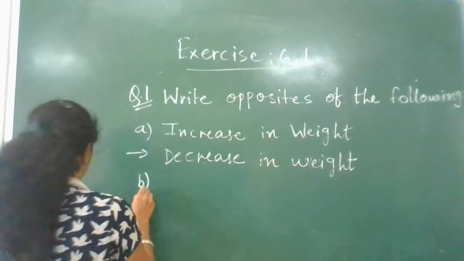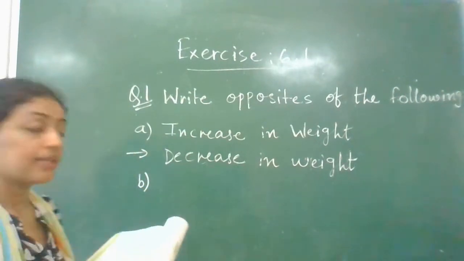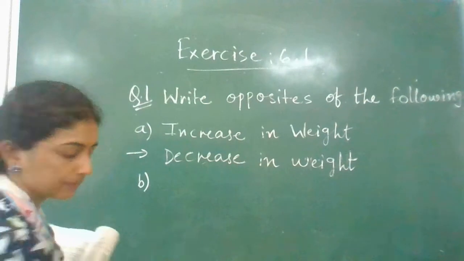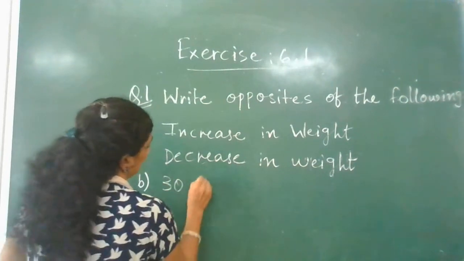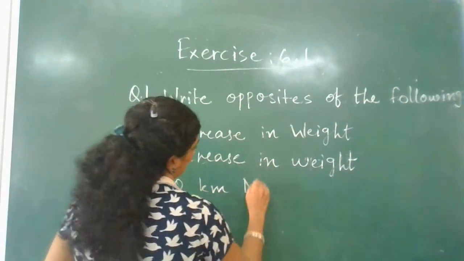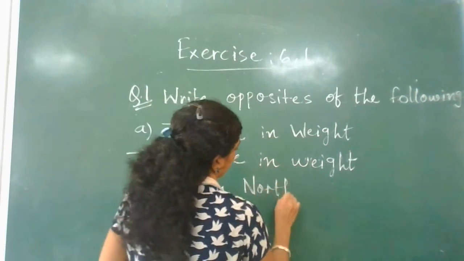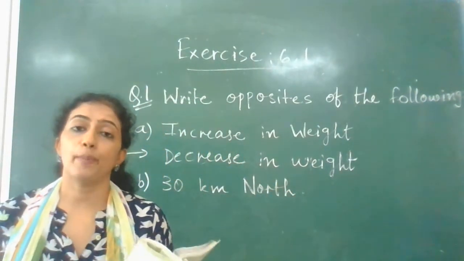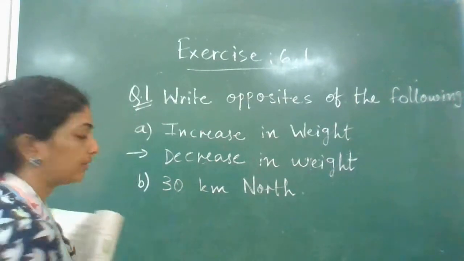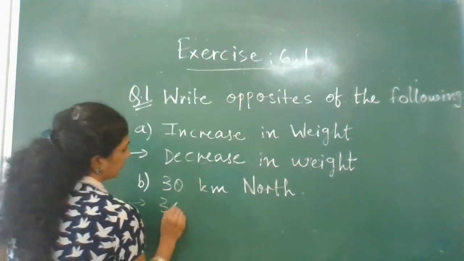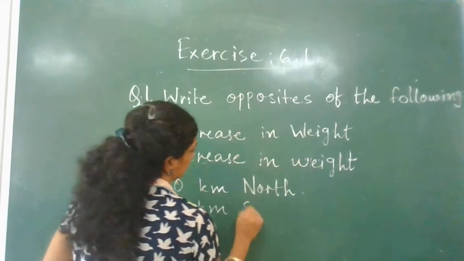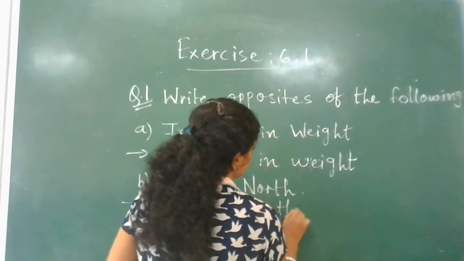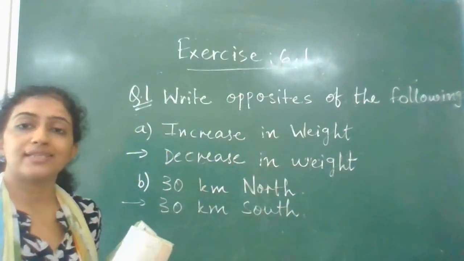Okay, now B is 30 kilometer north. 30 kilometer north. So what is the opposite of north? The opposite of north is south. You have to write 30 kilometer south. Okay, so it's opposite.